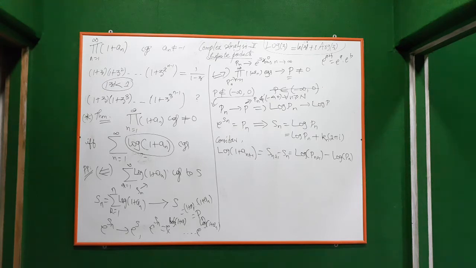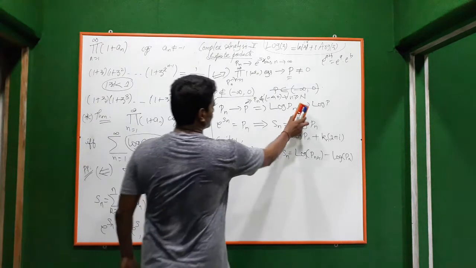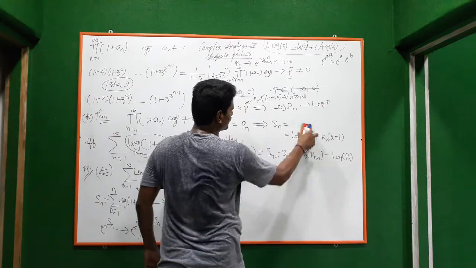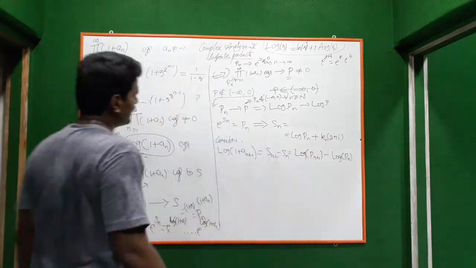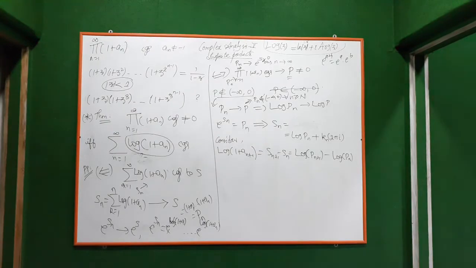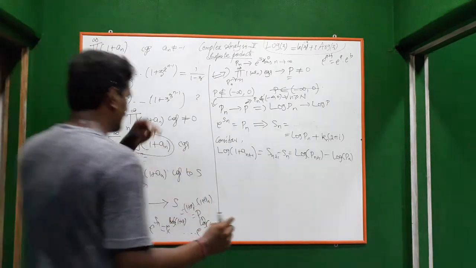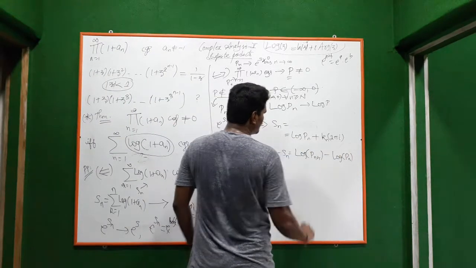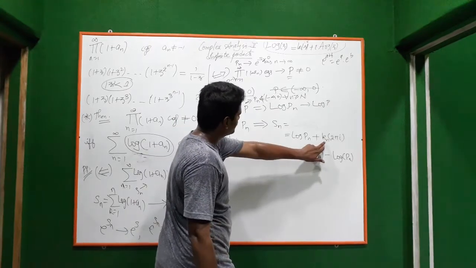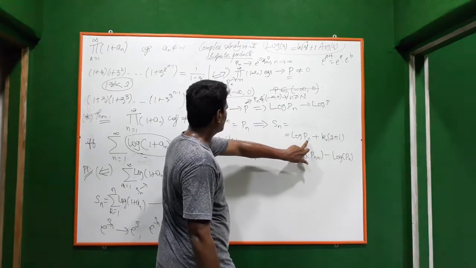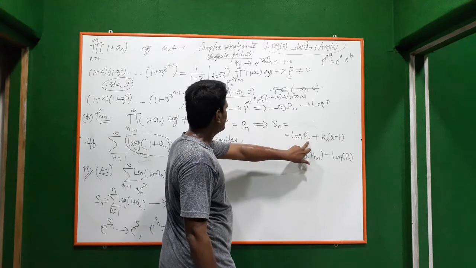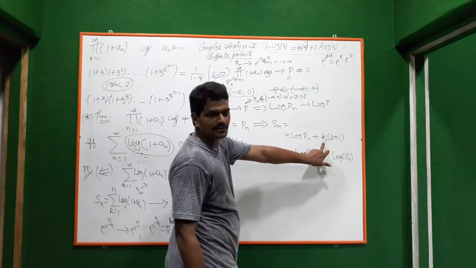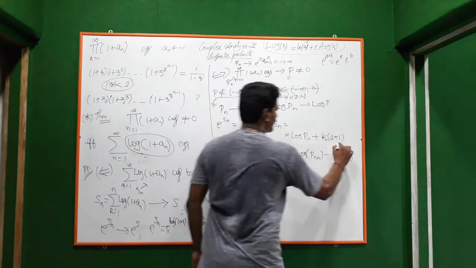Yeah, so I think this term will not be there. It's very clear: log P_n plus k_n 2 pi, one such value. So k_n corresponds to this P_n. Whenever S_n is there, we'll get the P_n, and for that P_n we will have this k_n. This is true for every n.